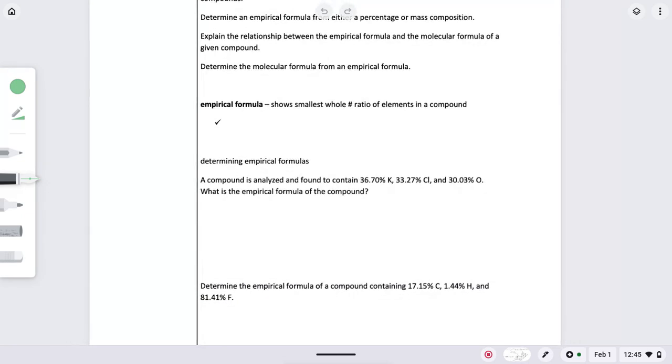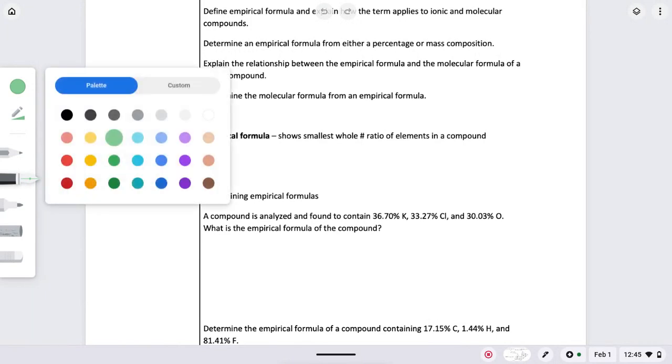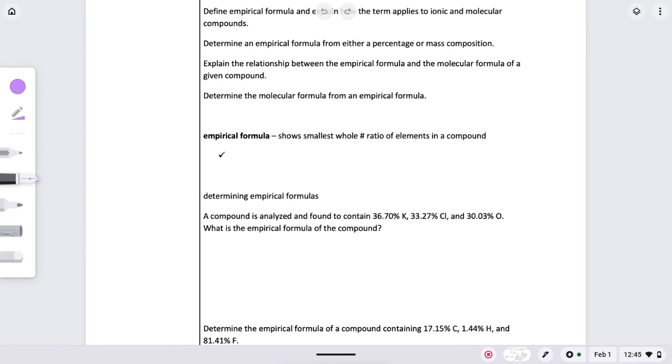So an empirical formula shows the smallest whole number ratio of elements in a compound, but smallest whole number ratio means it's reduced. Not all formulas can or should be reduced.